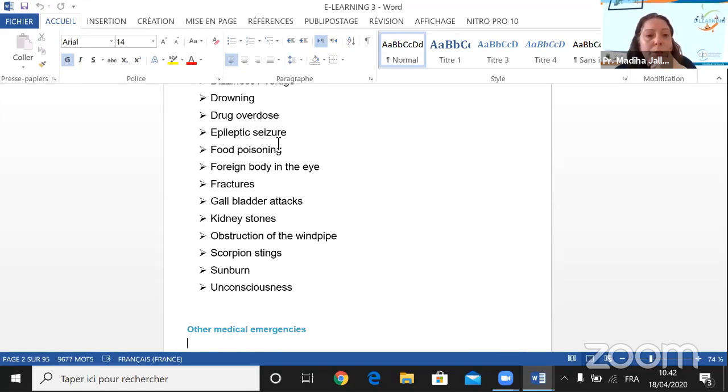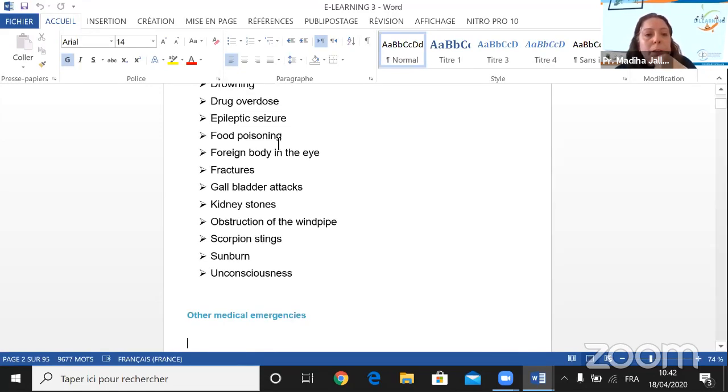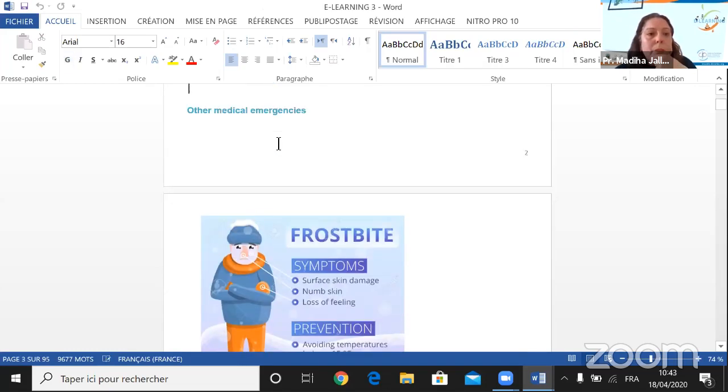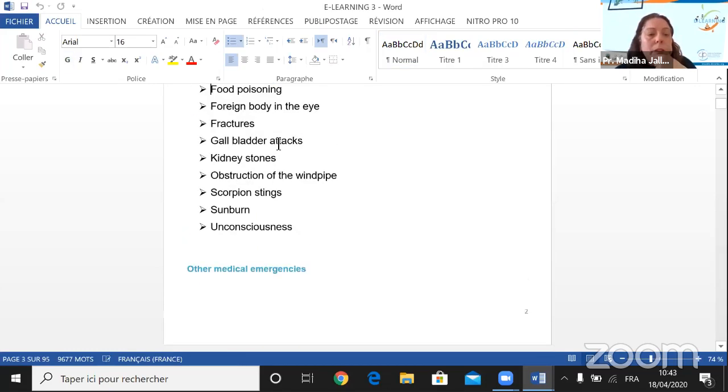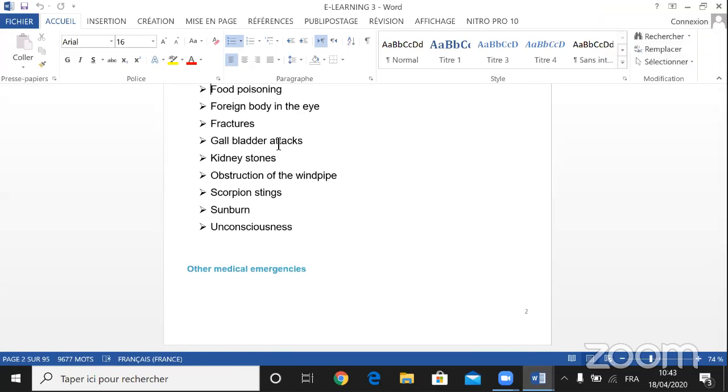Then food poisoning, foreign body in the eye. This also can cause discomfort, fractures or broken bones, gallbladder attacks, kidney stones, obstruction of the windpipe, scorpion stings, sunburn, and unconsciousness.